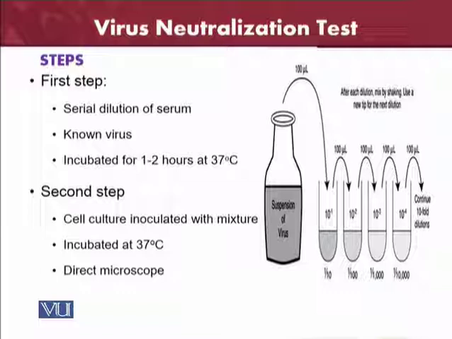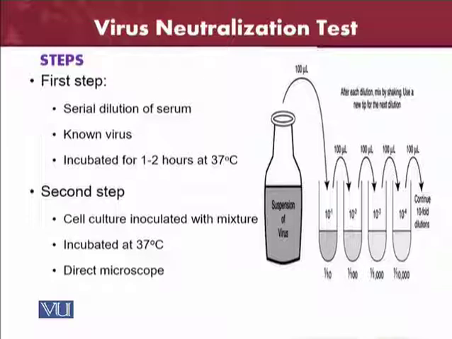The procedure for the virus neutralization test has some different steps. The first step is the dilution of the serum. Of course, we will use different dilutions of the serum. Maybe 10 to the power 1, 10 to the power 2, or 3 or 4, different dilutions depending on the virus, and then continue with 10-fold dilutions of the serum.